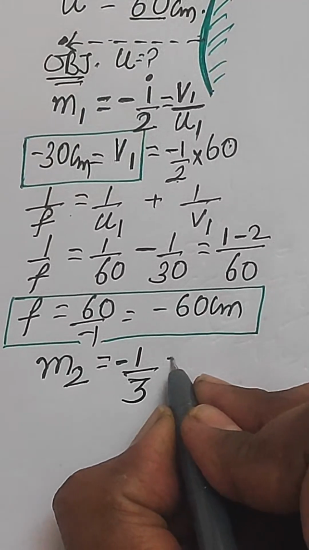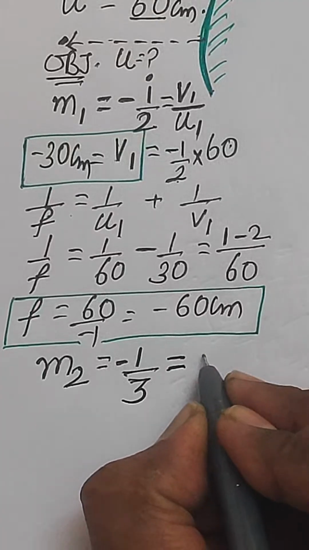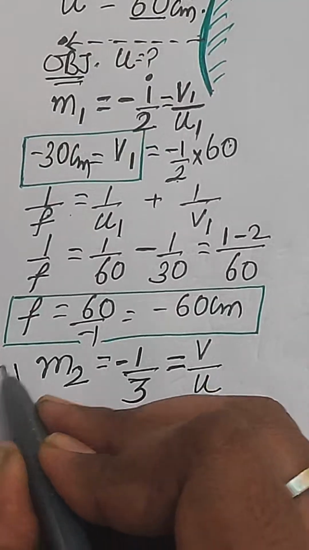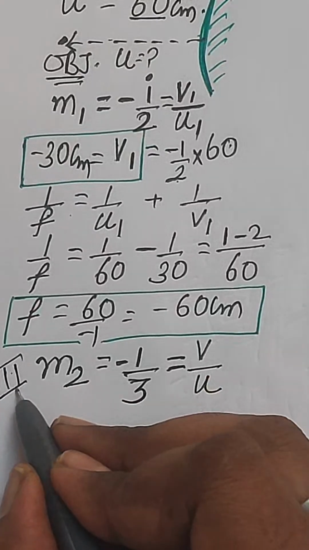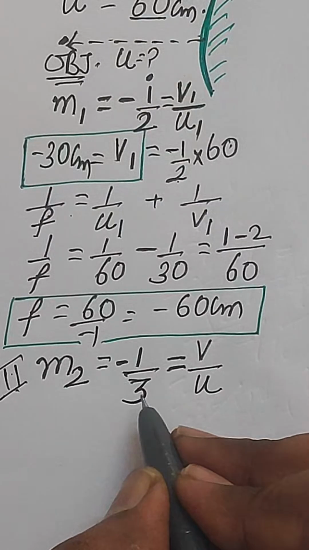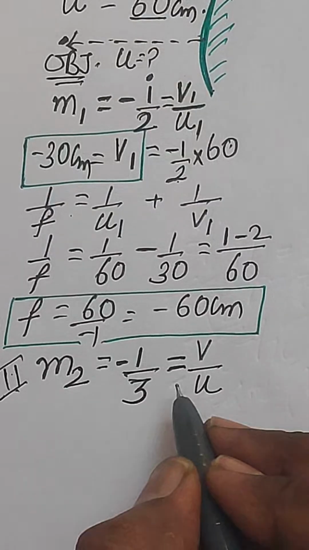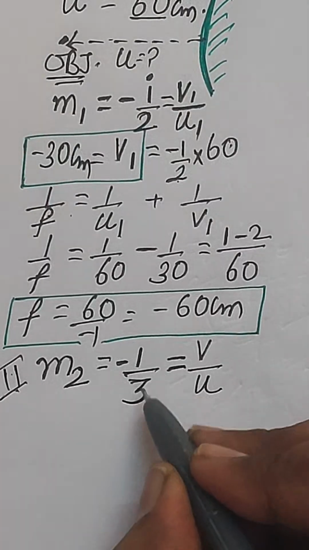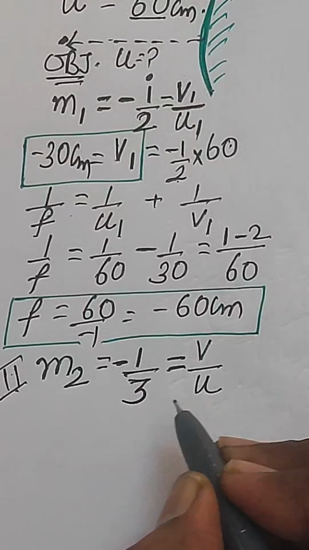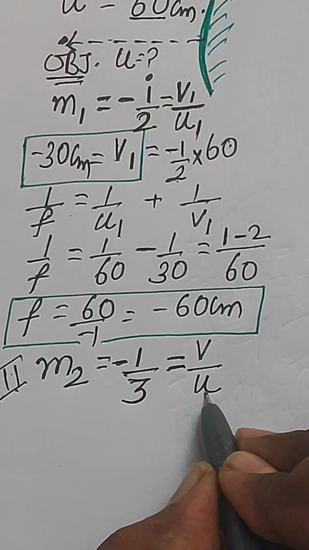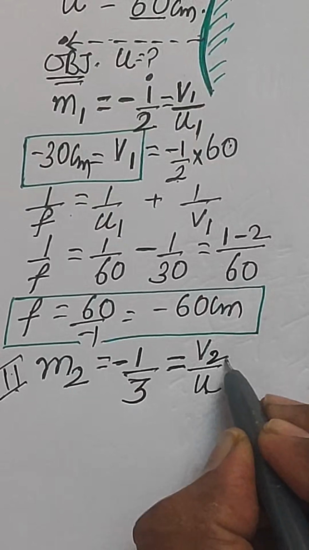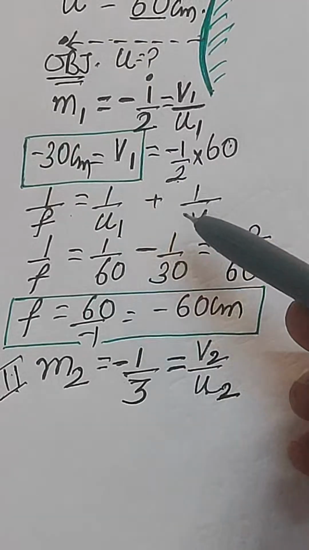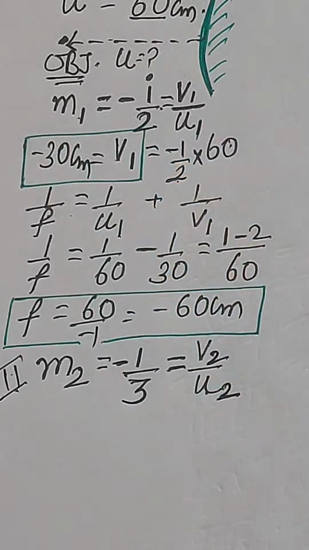Here again put the value. What is the magnification? The ratio of v by u, but this is the second case as given in the question, where should the object be placed so that the size of the image becomes 1 by 3. So minus 1 by 3 should be equated with the ratio of v by u, and it will be v2 by u2, because already we considered v1 and u1 for the first case, right?